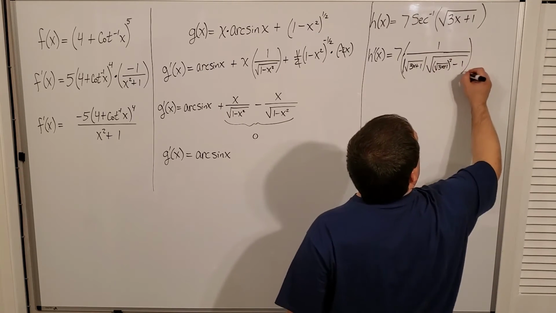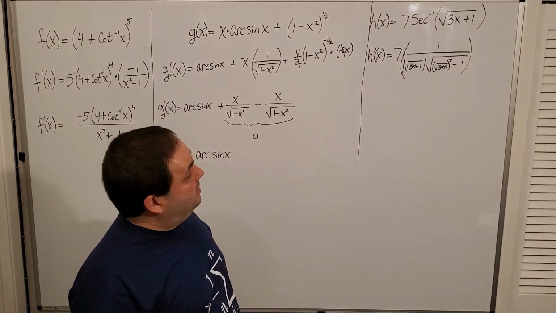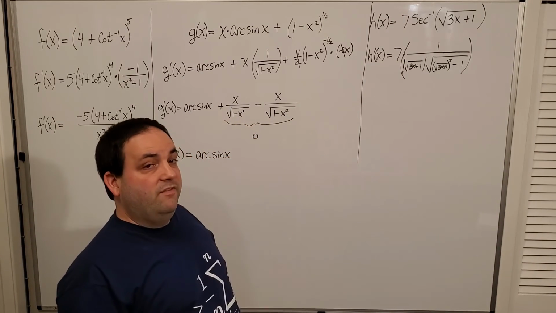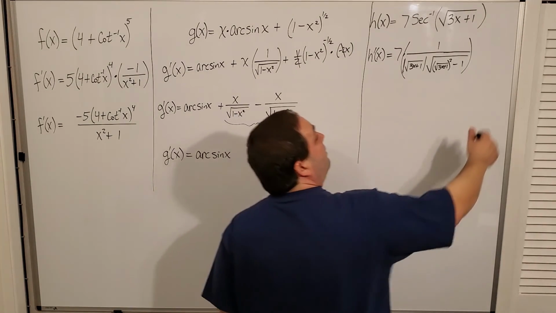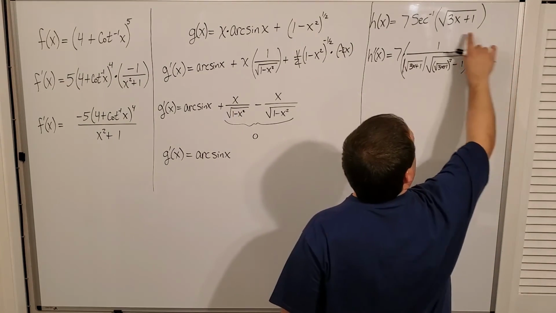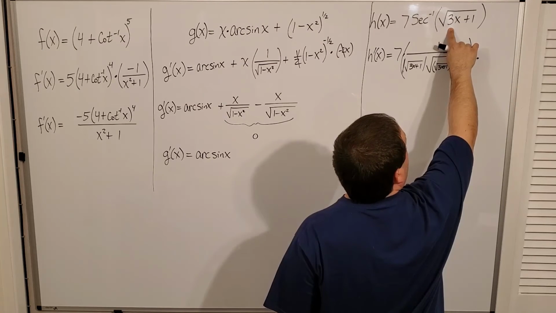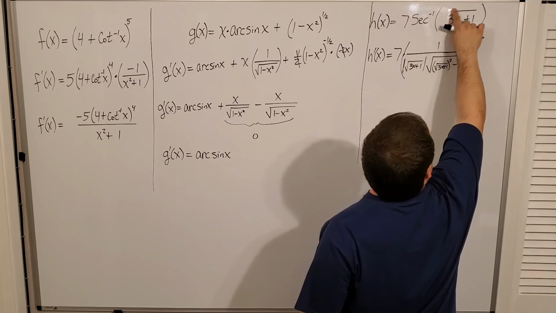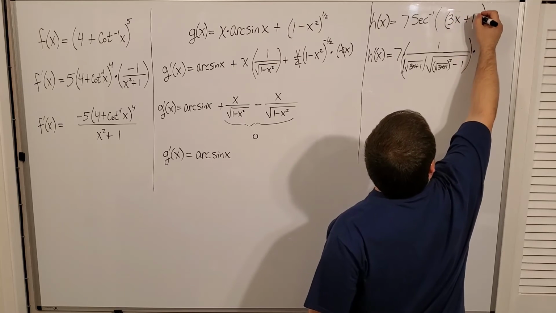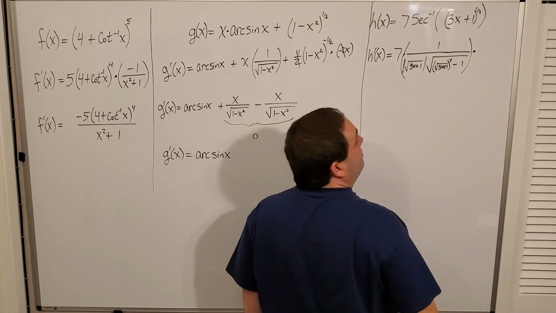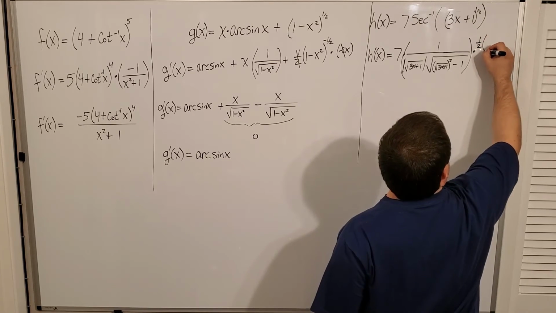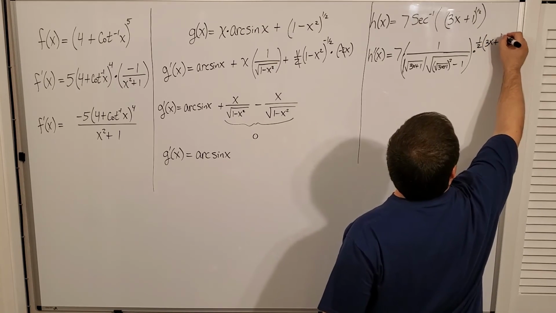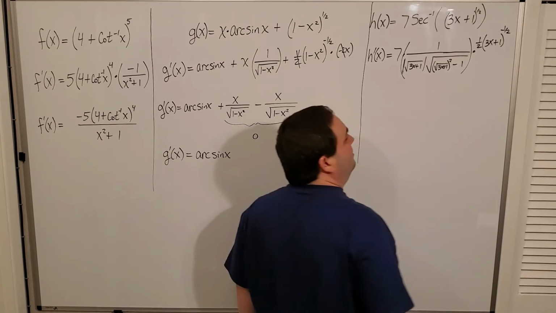Okay, so far all we've done is the derivative of the inverse secant times, now I've got my chain rule kicking in, the derivative of this. Well, don't forget, this is just something to the 1/2 power. So his derivative is just going to be 1/2 times that inside piece to the negative 1/2.